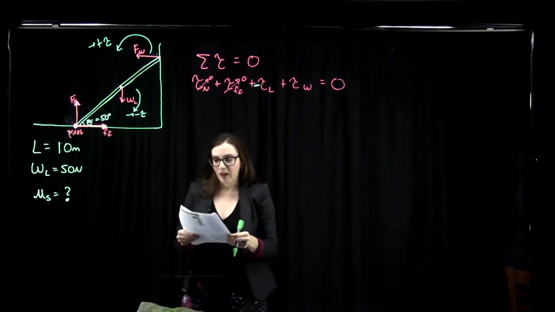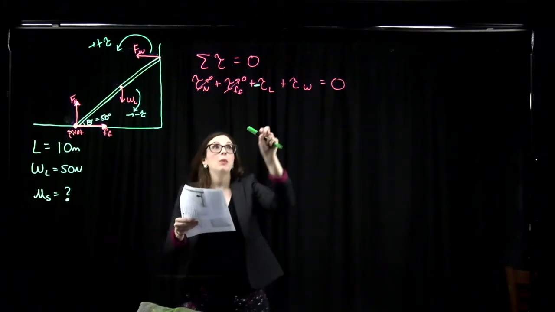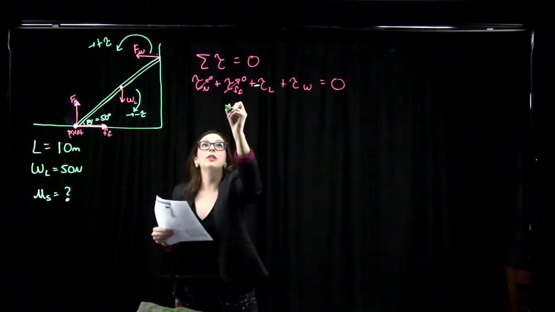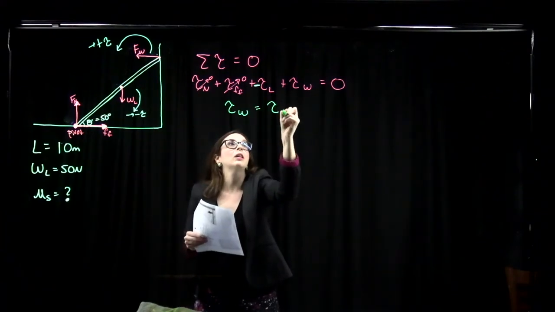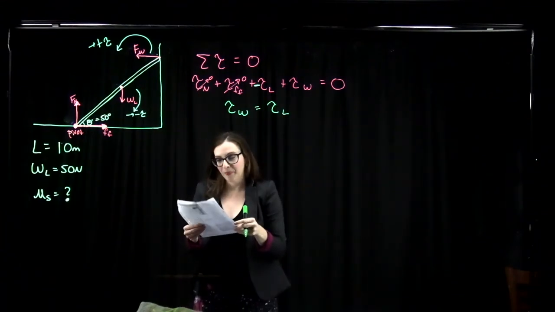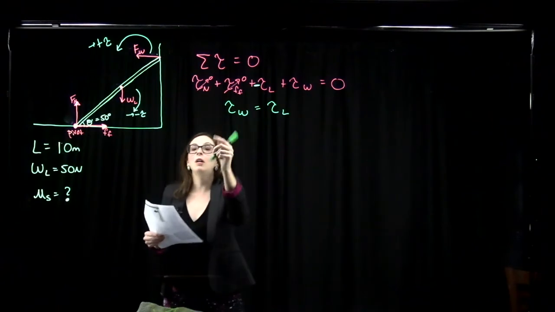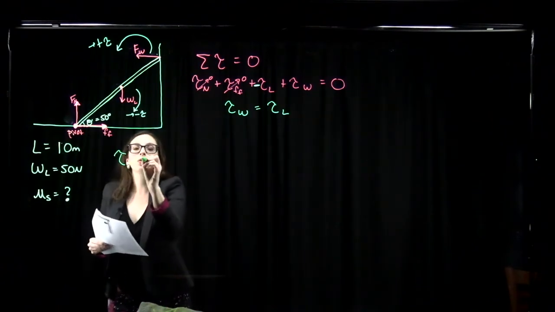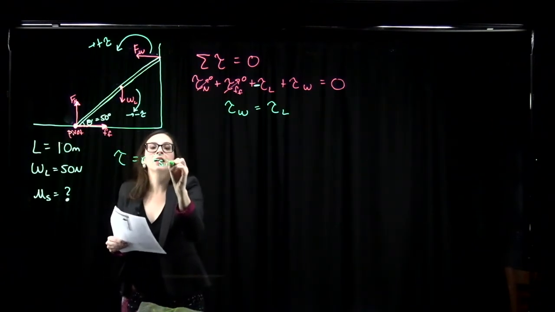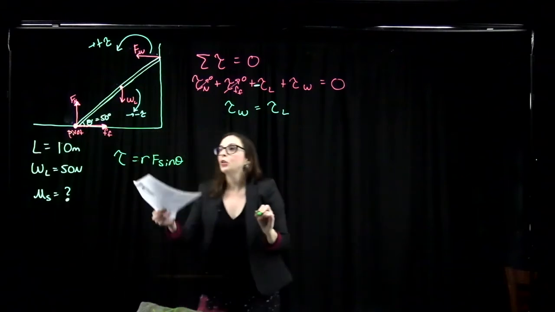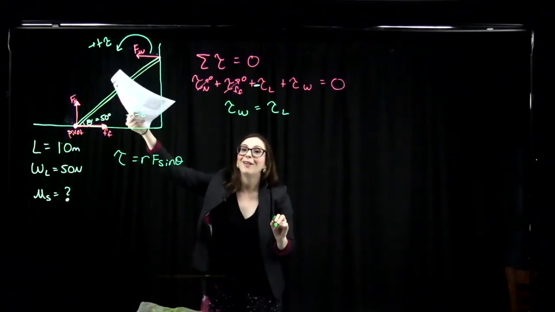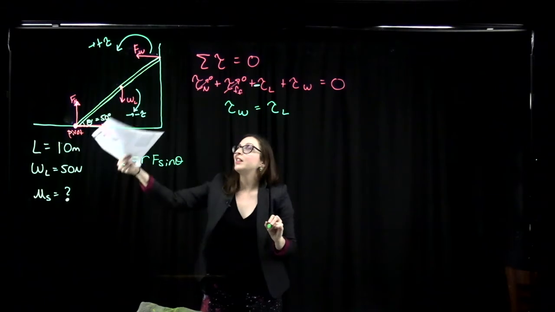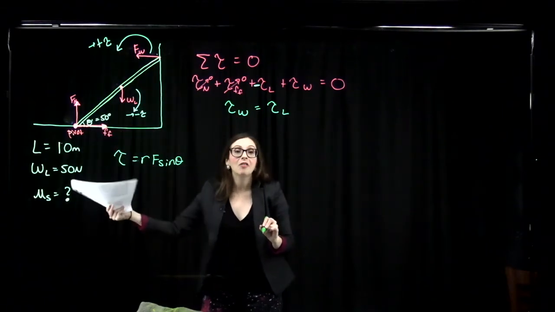So then I'm going to move my negative term to the other side. So I've got the torque from the wall has to equal the torque from the center of gravity of the ladder. So the torque from the wall, remember, torque is equal to r F sine theta. Okay, so this distance r for the force from the wall on the ladder is the entire length of my ladder.